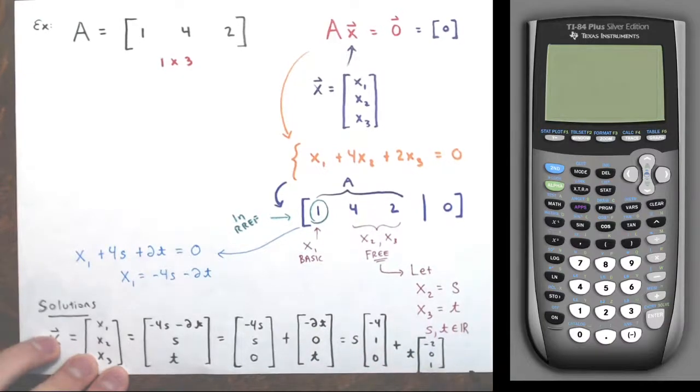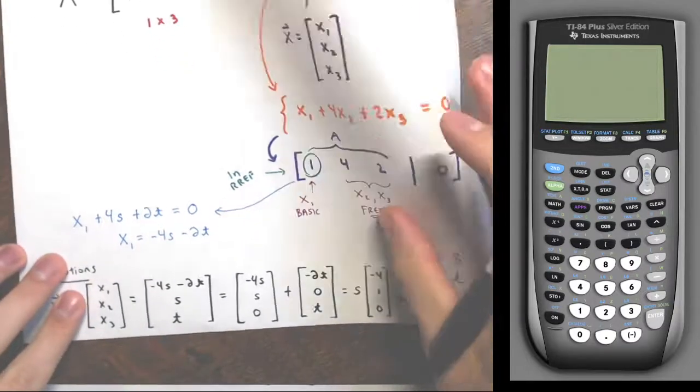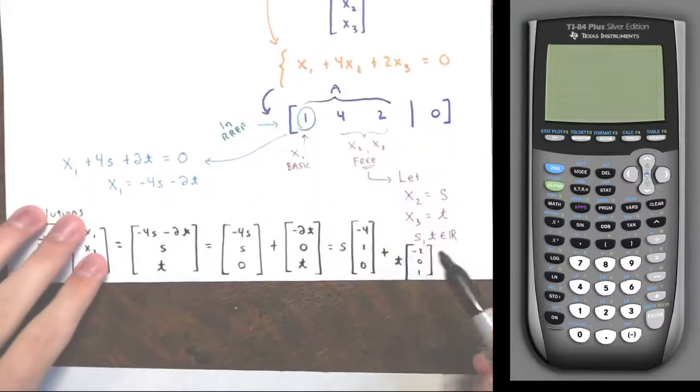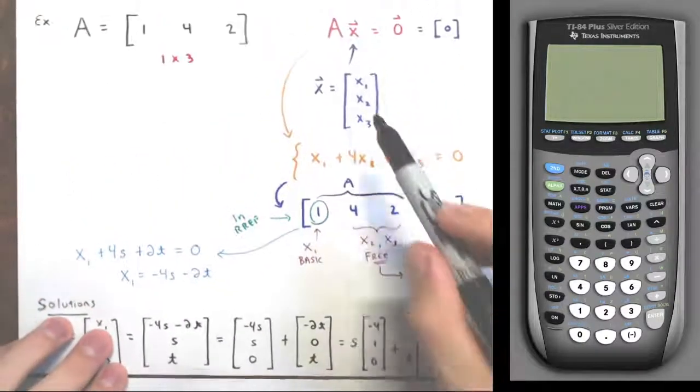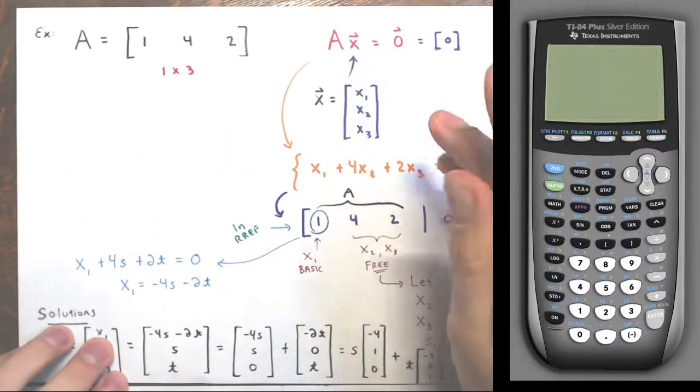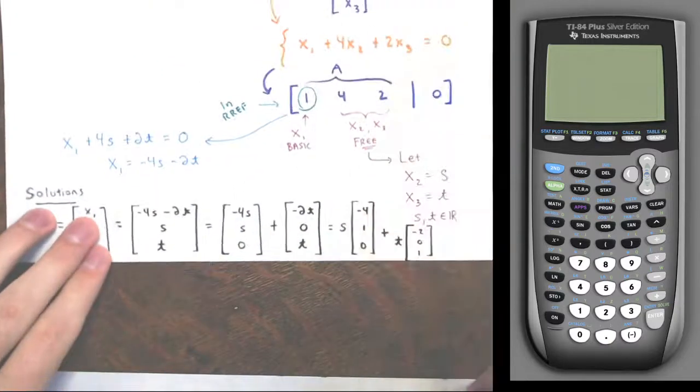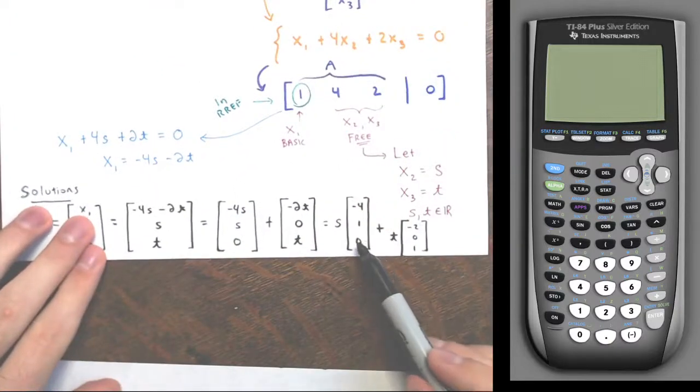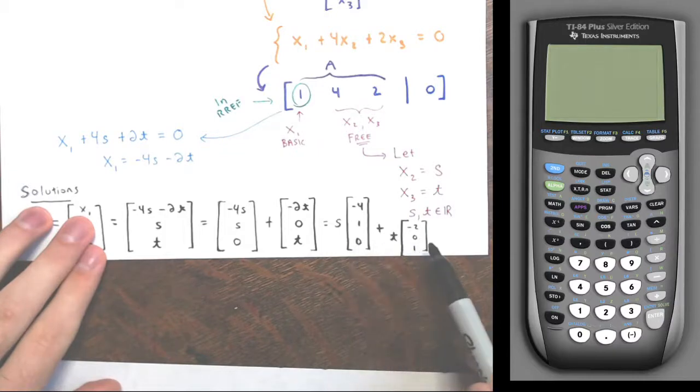All right, so what we're seeing in this line here is that every solution of this equation, this Ax equals 0 equation, is just a linear combination of the vectors -4, 1, 0 and -2, 0, 1.